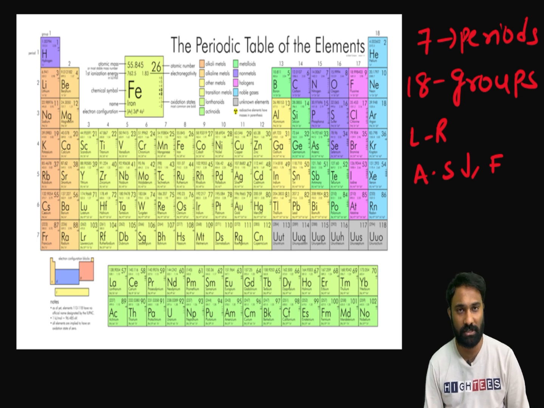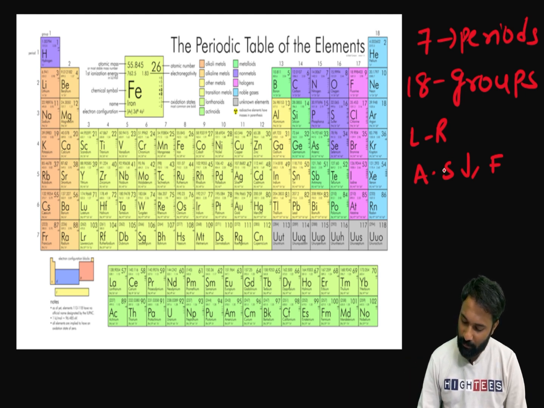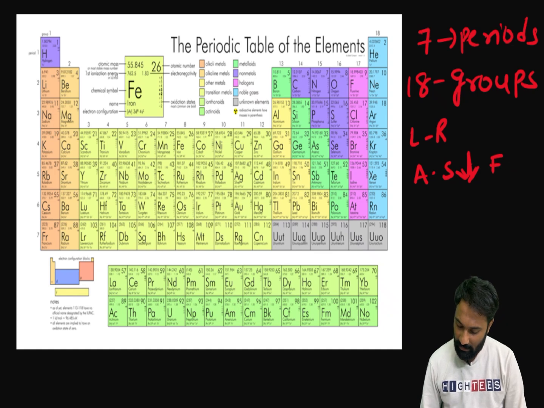Up to now, just remember; I don't want to make you more confused. This is only the basics, so we will discuss only the basics. Now, left to right, atomic size decreases up to where? Fluorine. Clear? Now top to bottom, if you go, what happens?